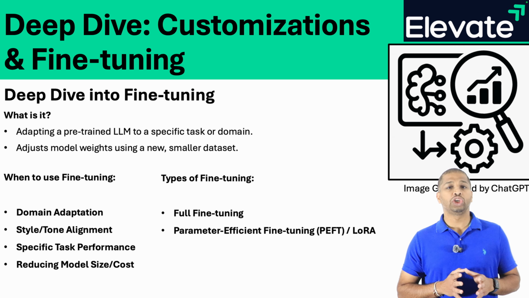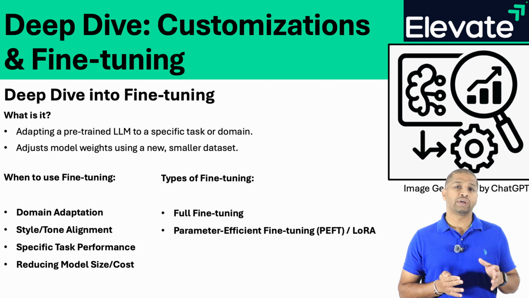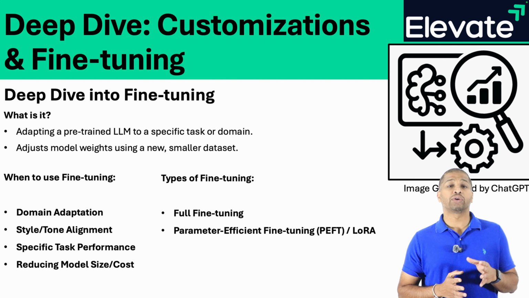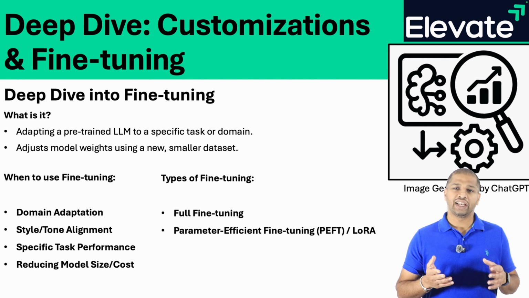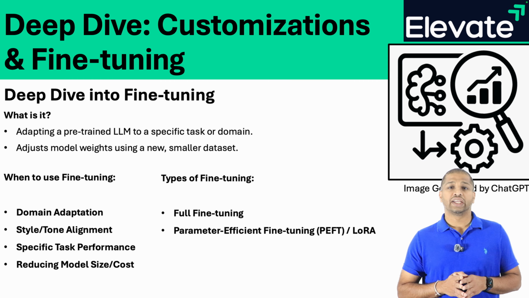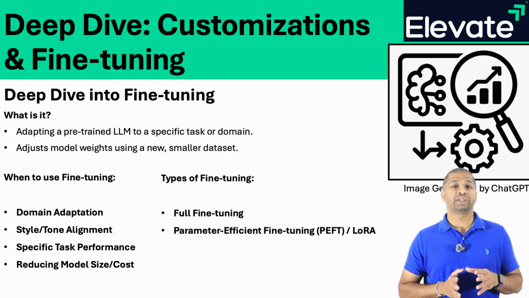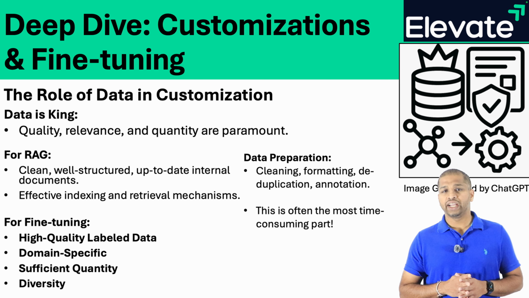Another technique is QLoRA, which is a quantized version of LoRA coming from the quantization we discussed last time. There are other PEFT techniques such as prefix tuning or prompt tuning and adapter layers, which can significantly reduce the fine-tuning footprints of LLMs. Regardless of the customization method, data is king.